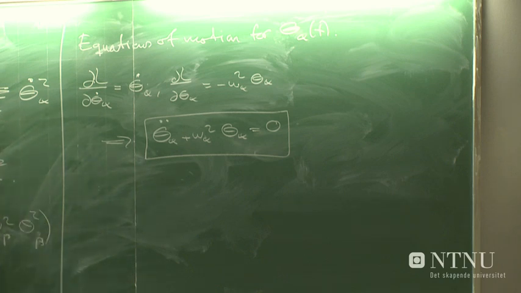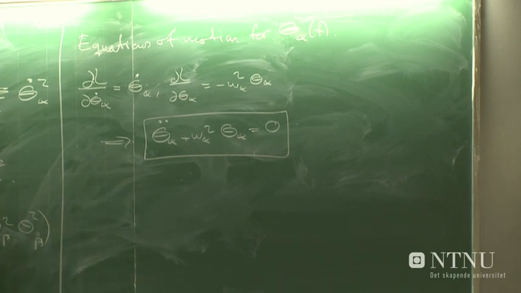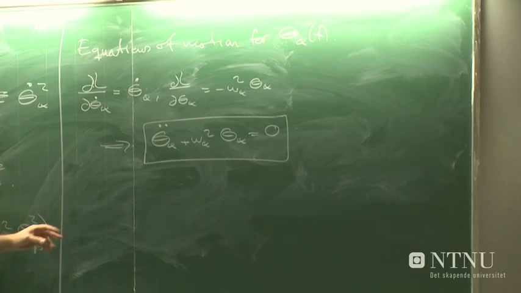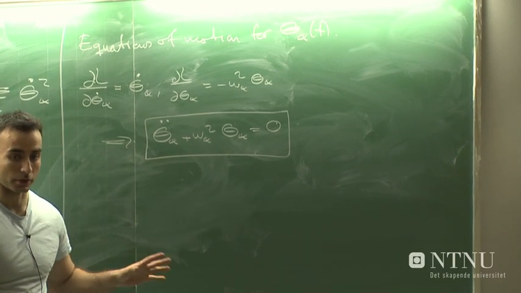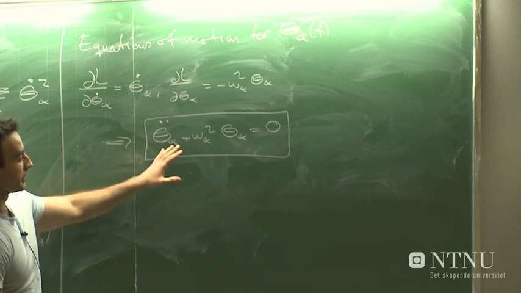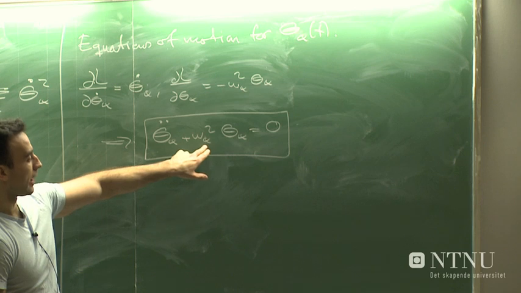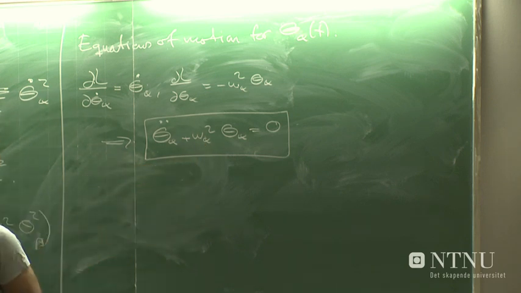So you see here that we've obtained the desired equation of motion, where we have a set of n decoupled second-order differential equations for these normal modes. And the spring constant, if you will, here is the square of the eigenfrequency.